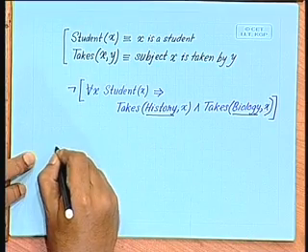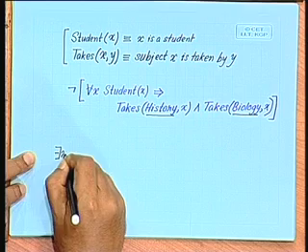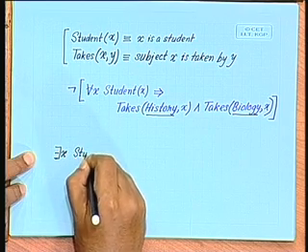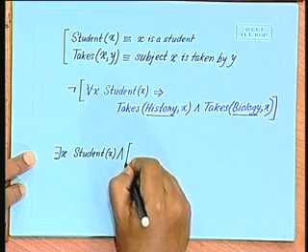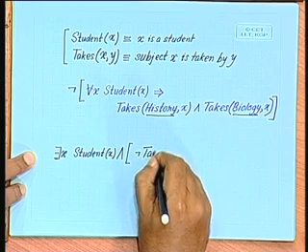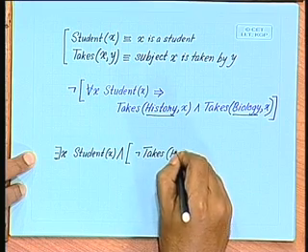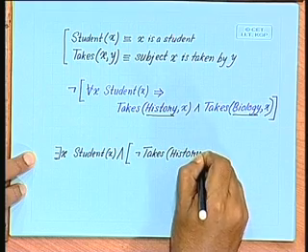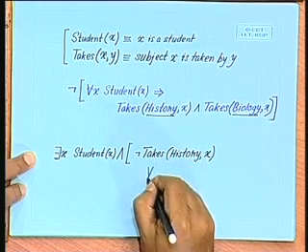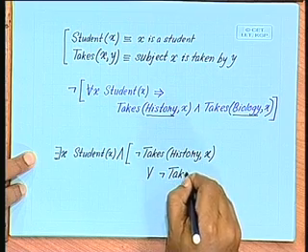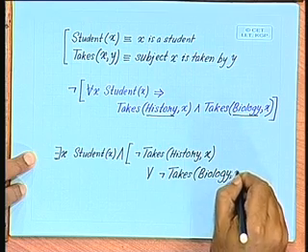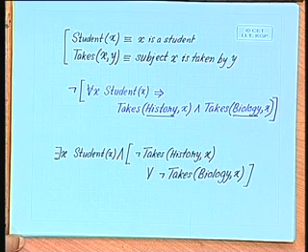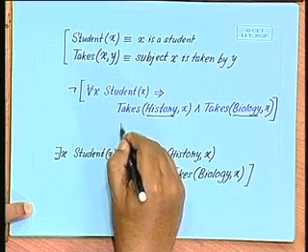So if you want to write that, then we will say that there exists x, student x, and either not takes x history or not takes x biology, and actually these two statements are equivalent.